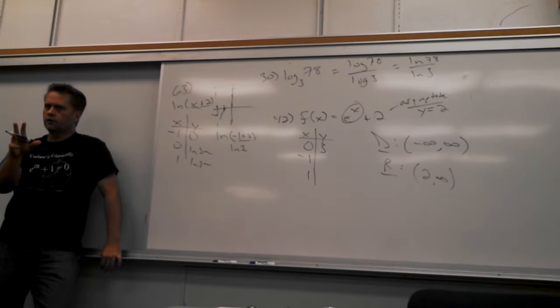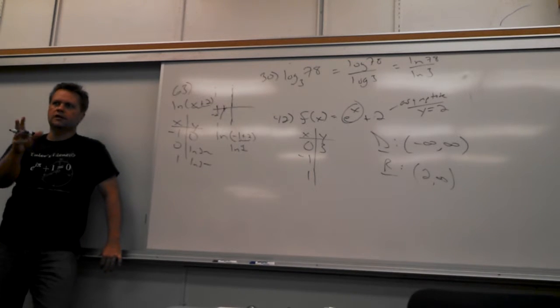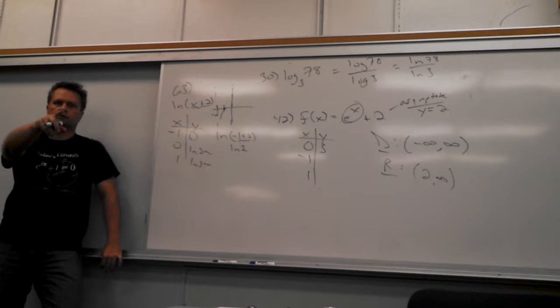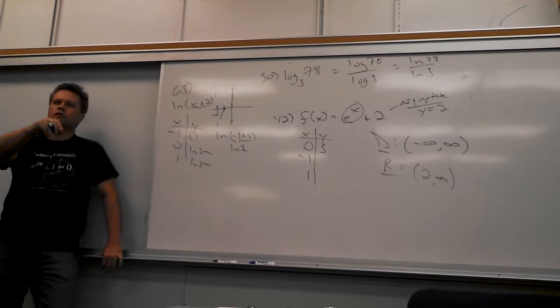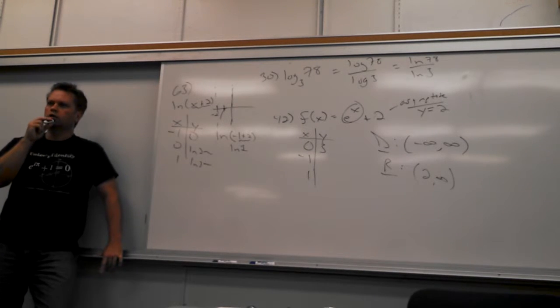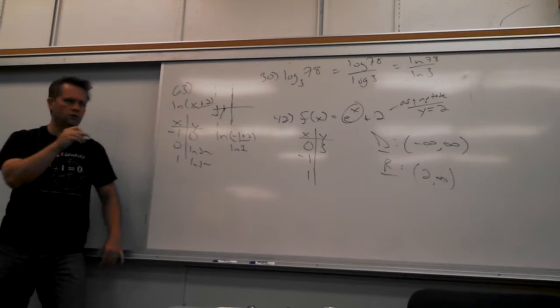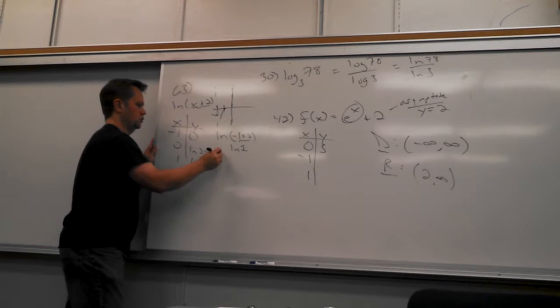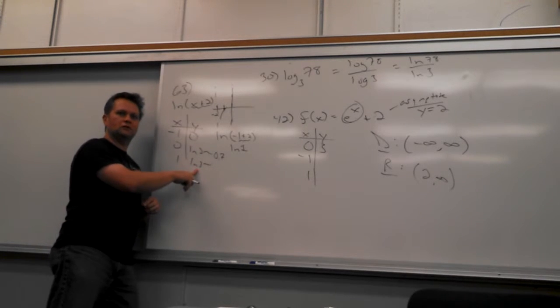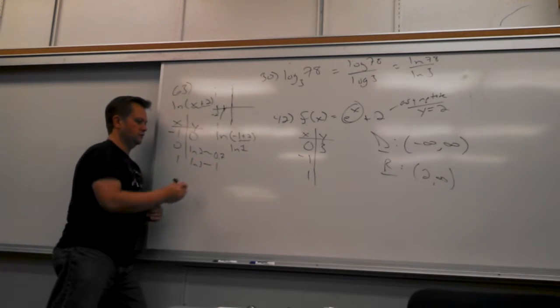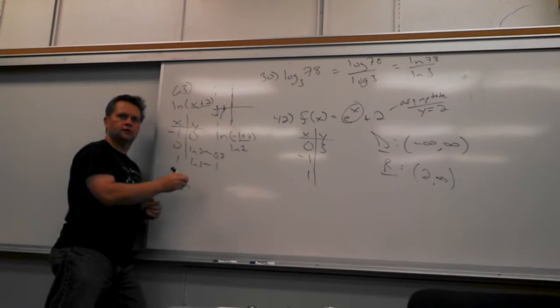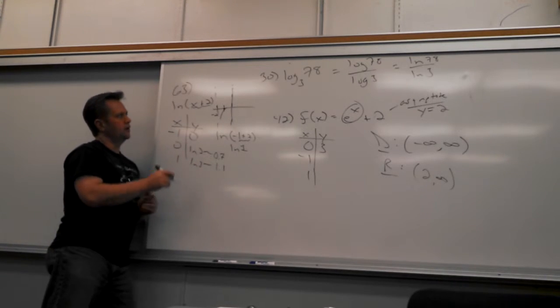Are you guys with me? What is natural log of 2? Somebody help me out. Somebody got that? Natural log of 2. 0.6931471. So 0.7, okay. And what's natural log of 3? 1 point something. 1.09861. 1.1, okay, good.